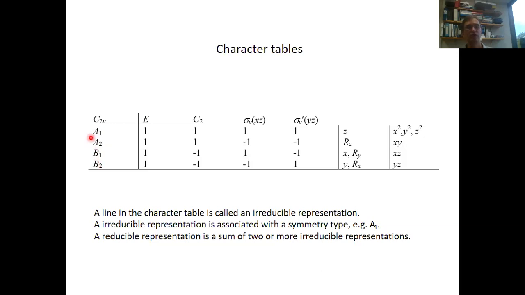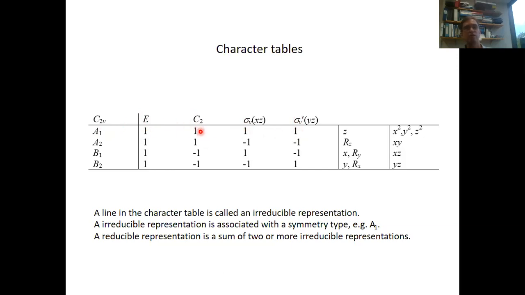For instance, this A1 means that we have an irreducible representation with the symmetry type A1, and that irreducible representation would be defined by the characters in the respective line underneath the symbols for the symmetry operations. This would refer to these four numbers here: 1 underneath E, 1 underneath C2, 1 underneath sigma v, and 1 underneath sigma v prime.